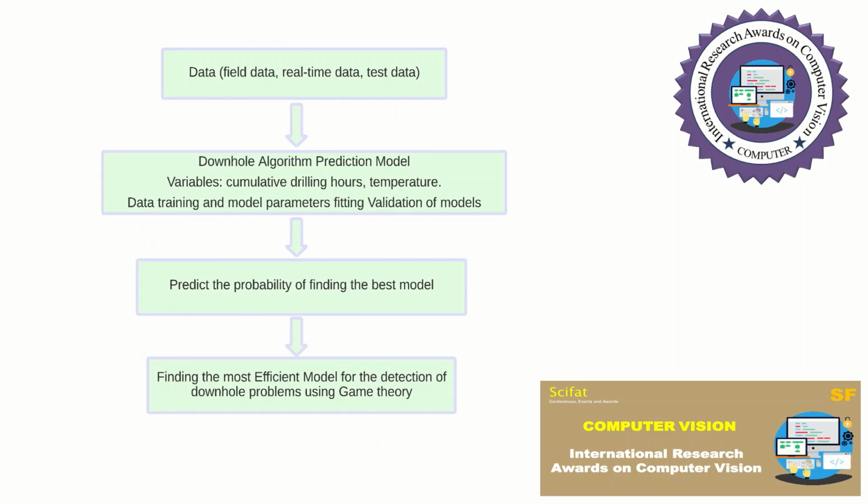This is the flowchart for the selection of the best algorithm using game theory. First, the data, which are field data, real-time data and test data, are collected, in which the downhole algorithm prediction model with variables such as cumulative drilling hours, temperature, drilling data, training and model parameters, fitting and validation of models, and using this the probability of finding the best model is predicted.